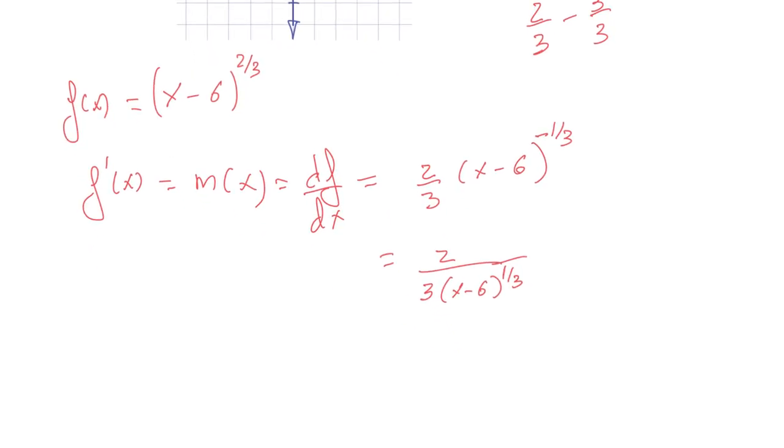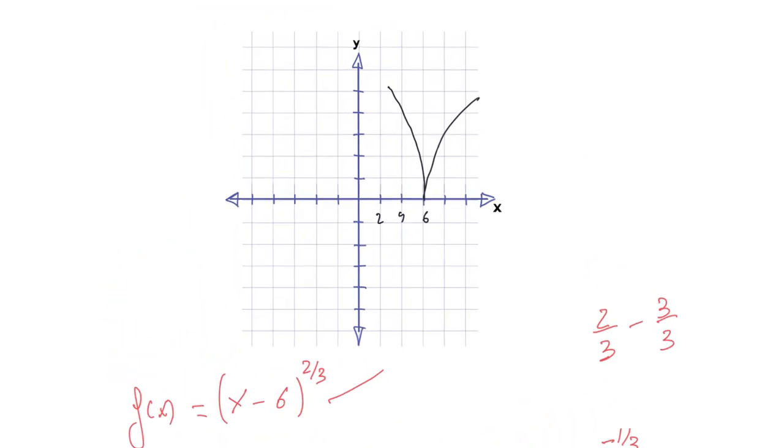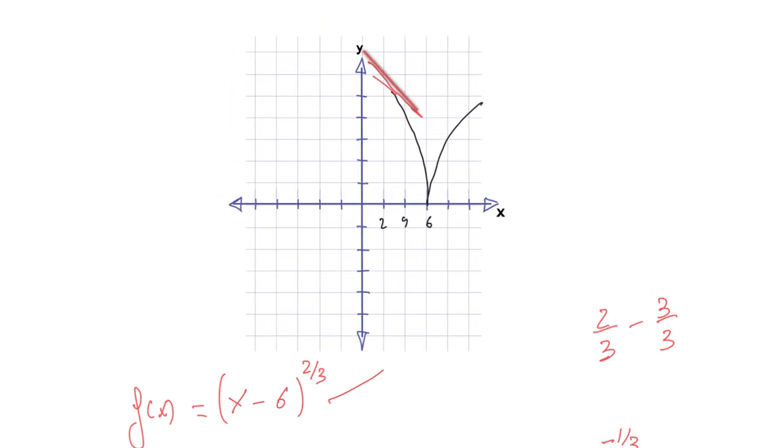Okay, and now what happens with the derivative? If x equals 1, the slope of this function at the point x equal 1, so this is the function, I'll go here, and the slope should be negative, you see? Or at x equal 2, let's say. At x equal 2, the slope is negative.